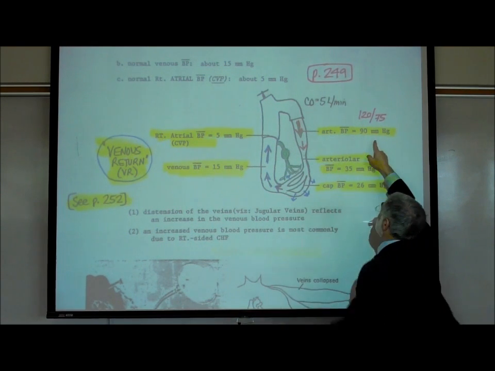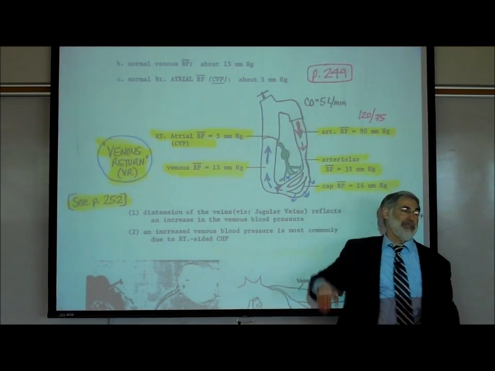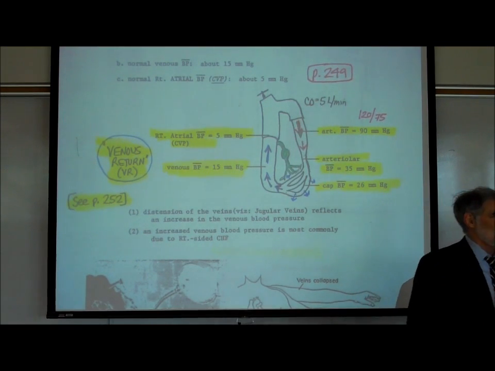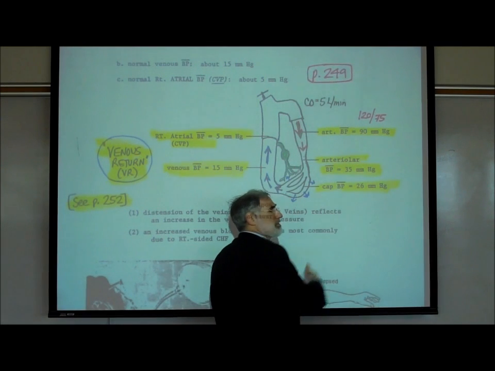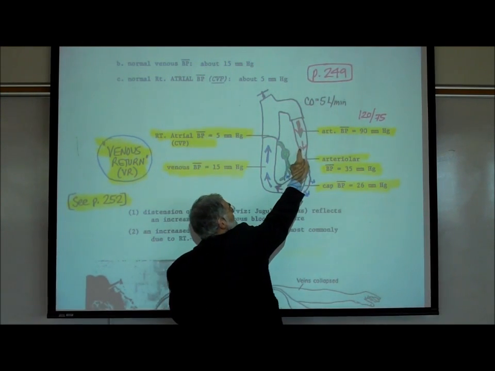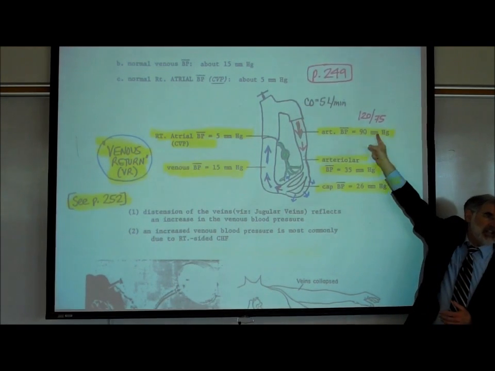Notice on 249, normally how much water is coming out the faucet each minute? 5 liters per minute. That's the flow. It can increase or decrease. And what's the blood pressure in our big arteries? About 120 over 75.